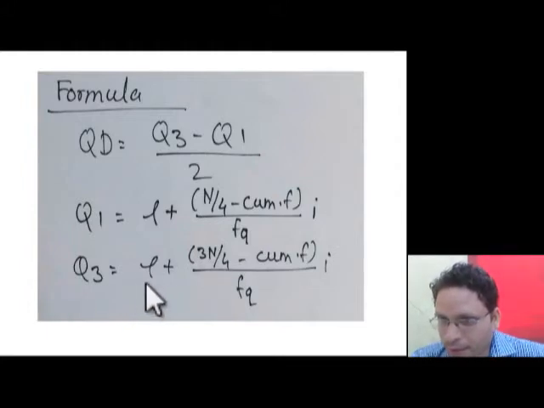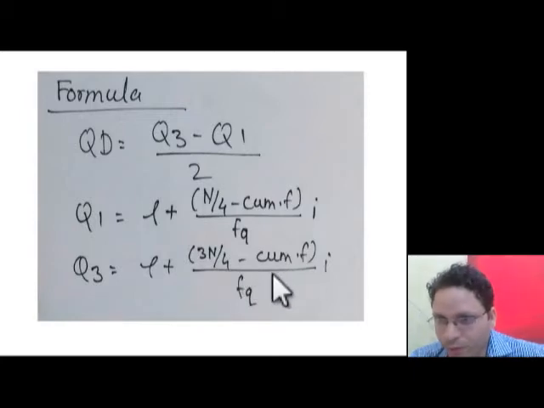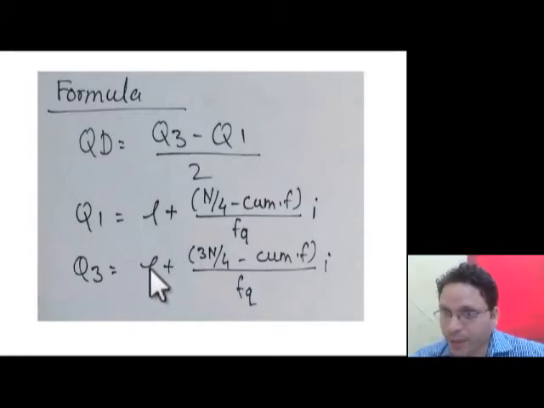And for Q3, again L is the lower limit of the class interval, then 3n upon 4 minus cumulative frequency upon f, times i, where i is the width of the class interval. We have seen this also while calculating the median.